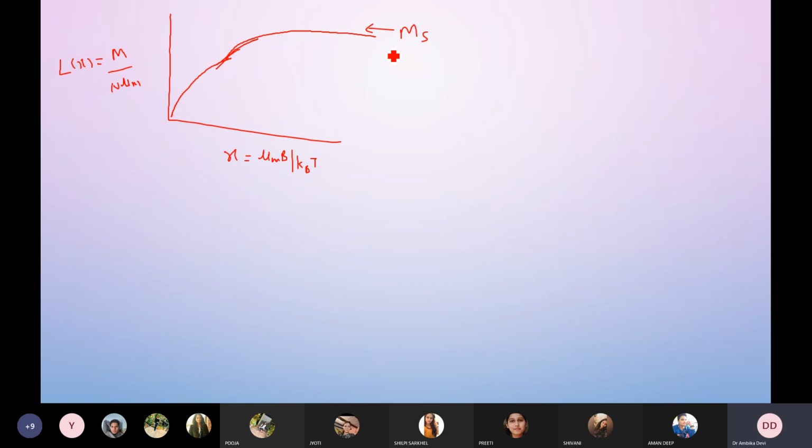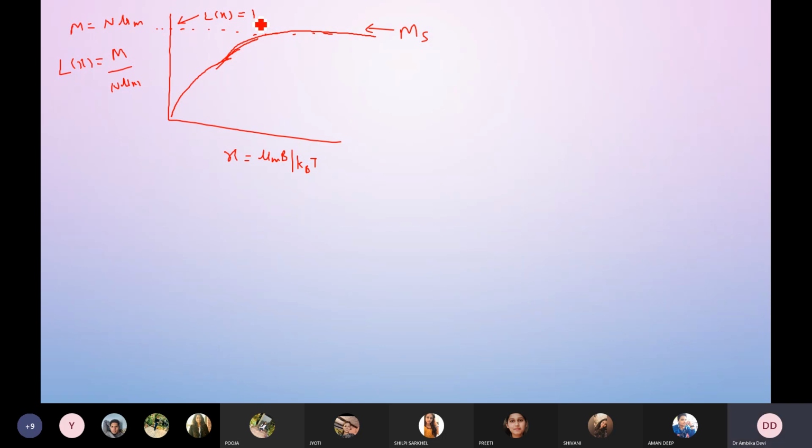Okay, so this is called saturation magnetization, and this will happen when M becomes equal to n mu m, which means that the value of L of x will become equal to 1. Okay, so this is for the higher magnetic field or for the low temperature.